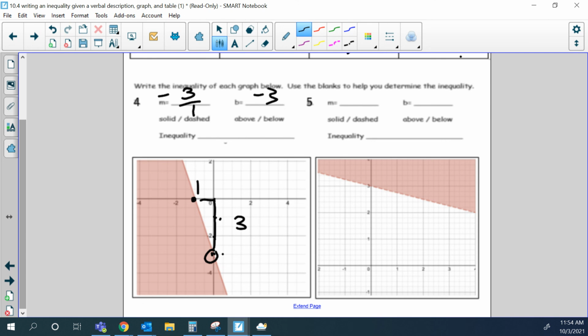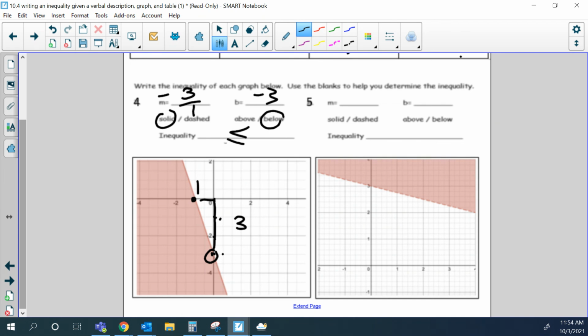Now if you look at the line, it's a solid line, right? And we shade below the line. So that means that my inequality is going to be less than or equal to.